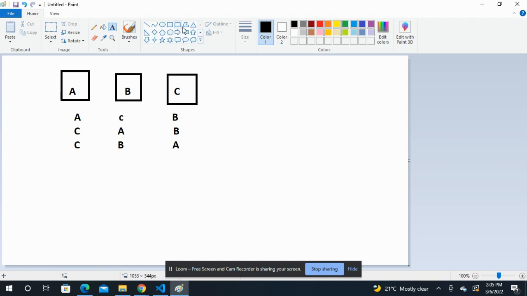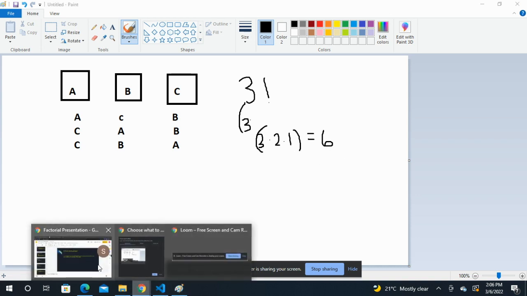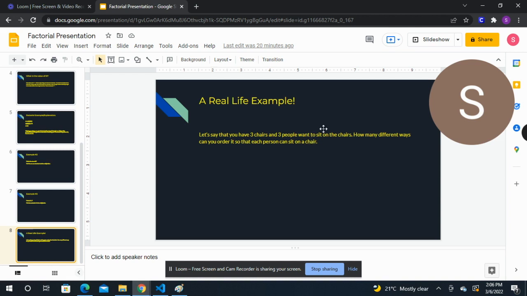But there is an easier way to do this. We can simply find what 3 factorial is. If we do 3 times 2 times 1, we will get 6. Therefore, there are 6 ways to arrange the 3 people to sit around 3 chairs.